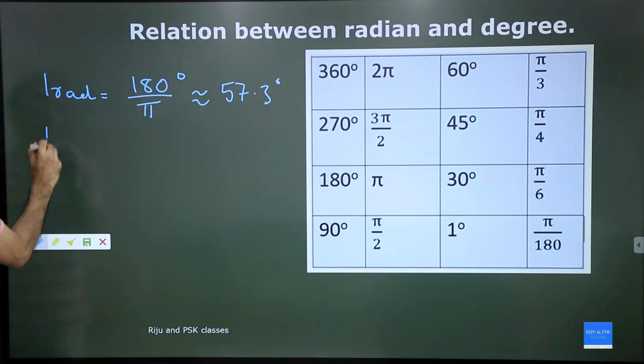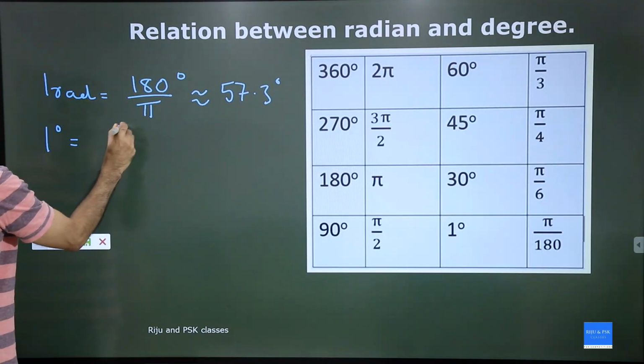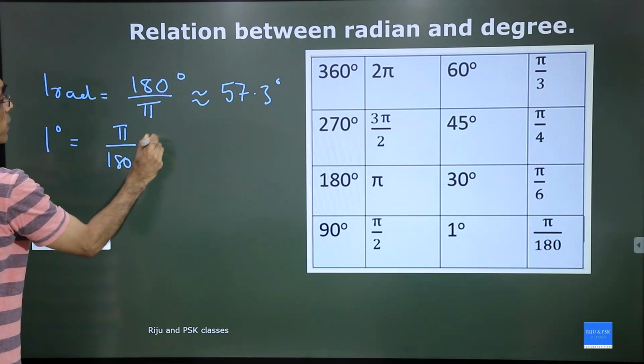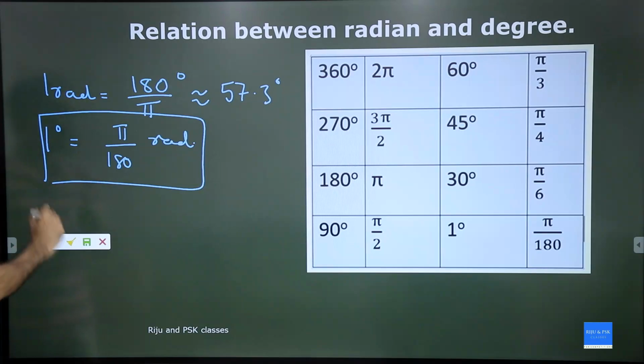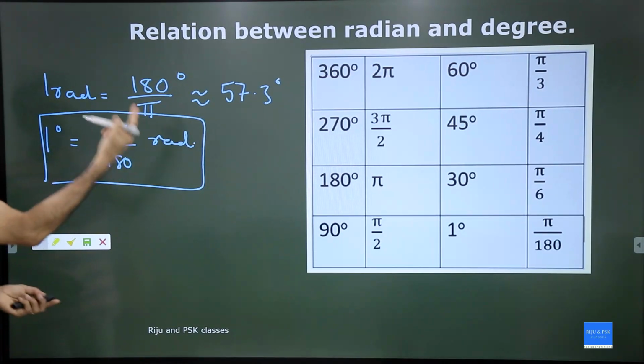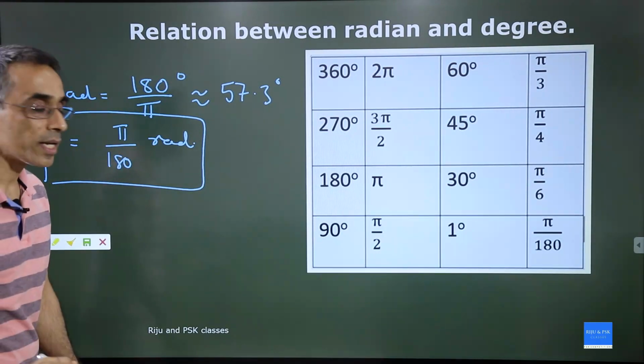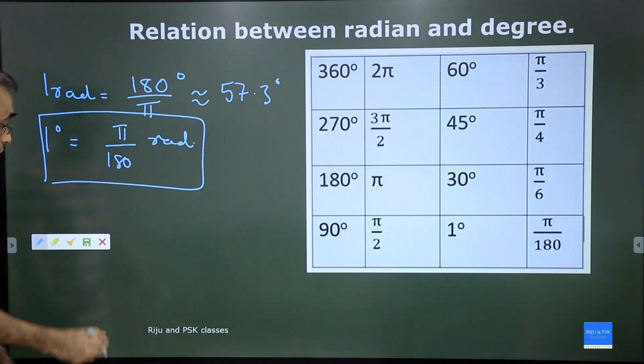But what is 1 degree? It is a reciprocal of this one, which is equal to pi by 180 radian. This will become important in calculations. They will give you angle in degree, but every time you have to convert this into radian. That's what you're going to do now.